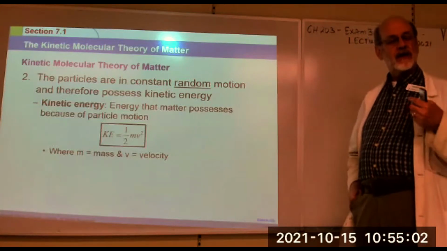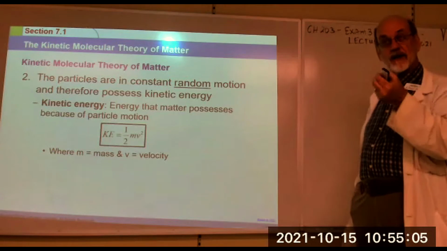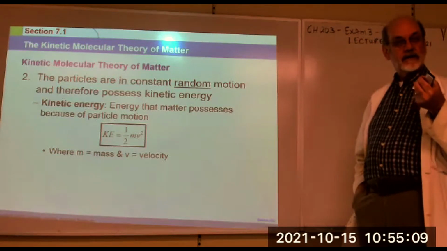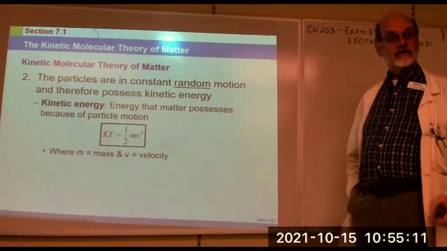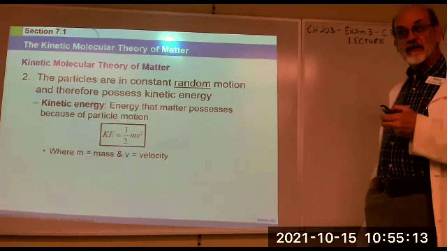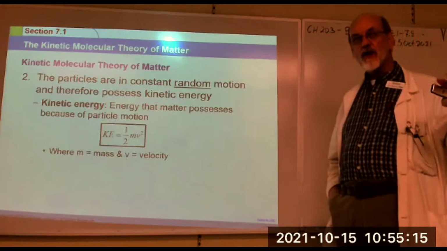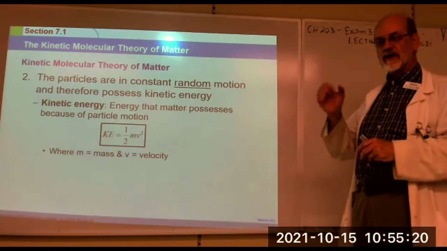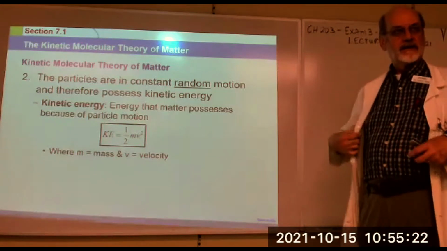The only time particles in matter are not moving is absolute zero. That's the condition of absolute zero in temperature. There's no kinetic energy, no motion whatsoever, not even vibrational motion. I mean, they don't sit there and jiggle at all at absolute zero.